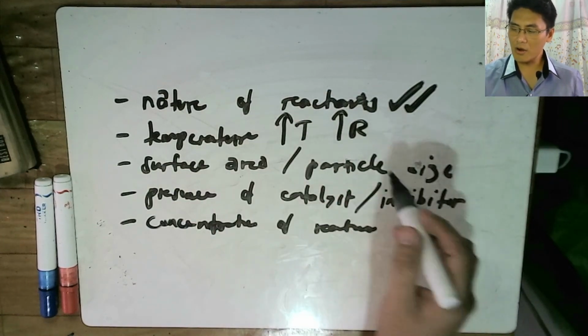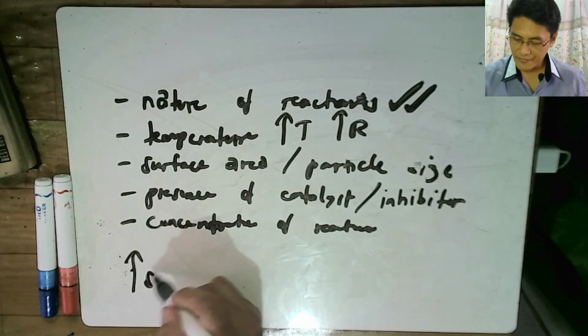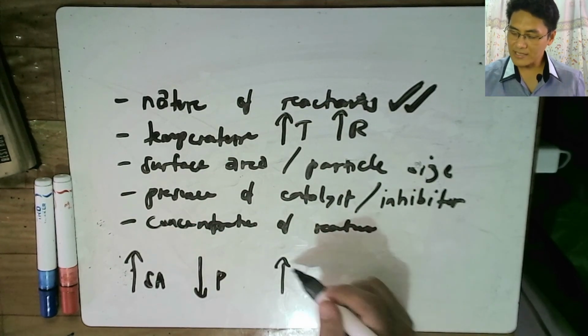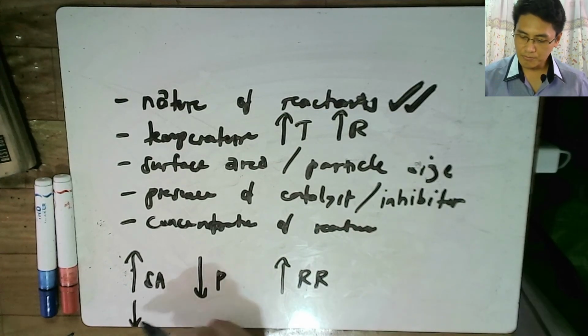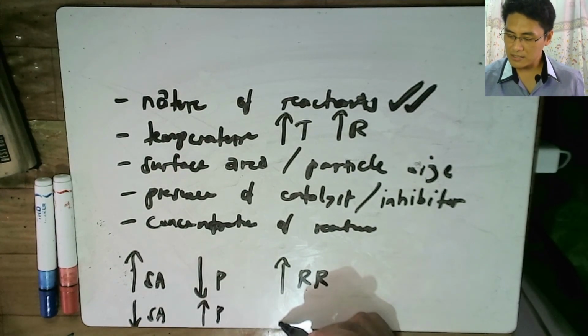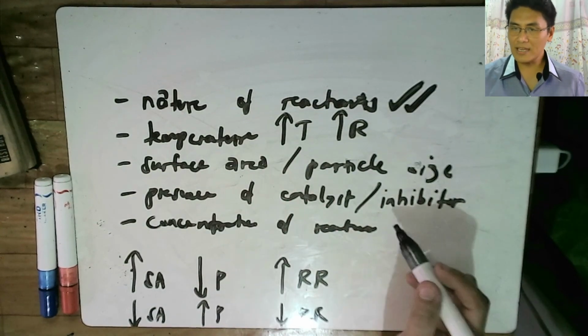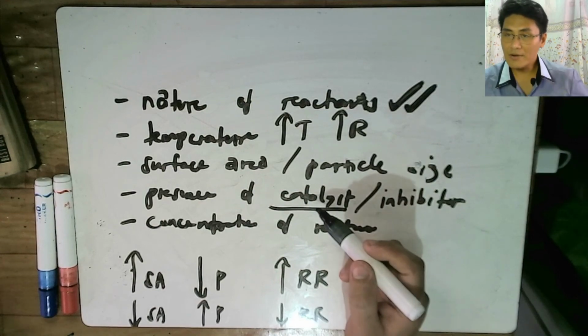Surface area or particle size, the bigger the surface area, that means the smaller the particle size, that means the faster the rate of reaction. And then the smaller the surface area, that means the bigger the particle size, that means the slower the rate of reaction.